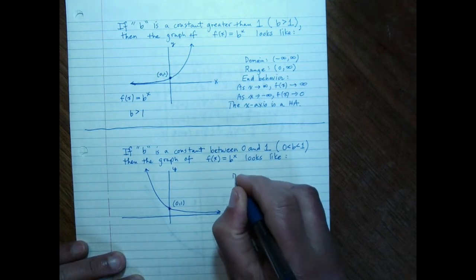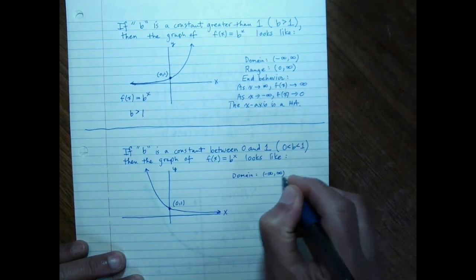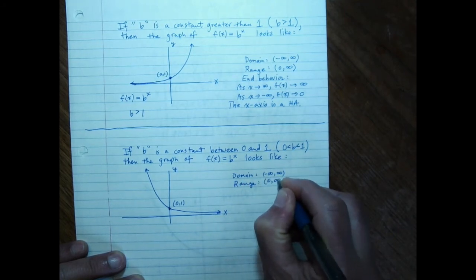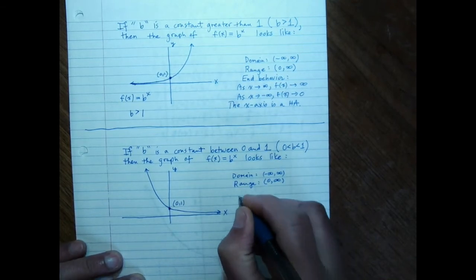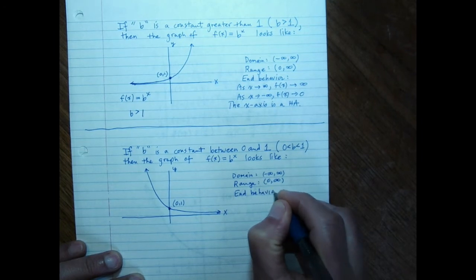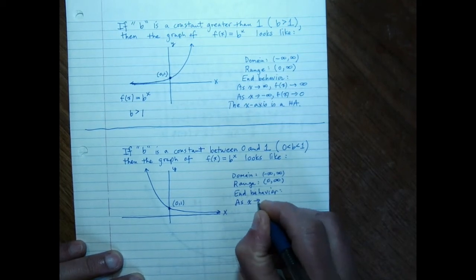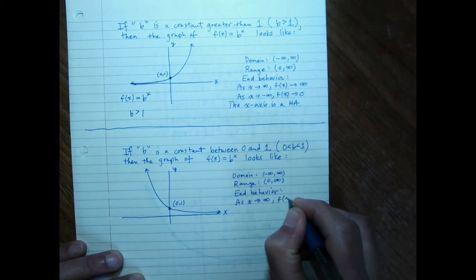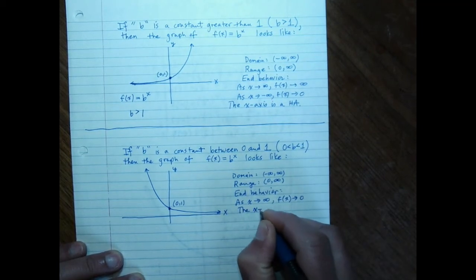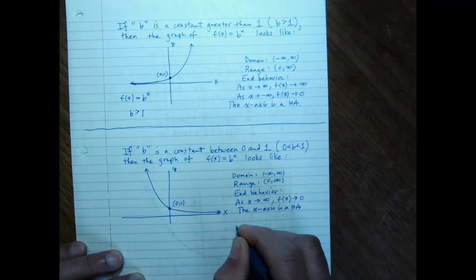The domain is the same: all real numbers in both cases. The range is the same: only positive y values. y cannot be 0. It's the end behavior that's different. As x approaches infinity, f of x approaches 0. That's why I'm going to write right here that the x-axis is a horizontal asymptote.